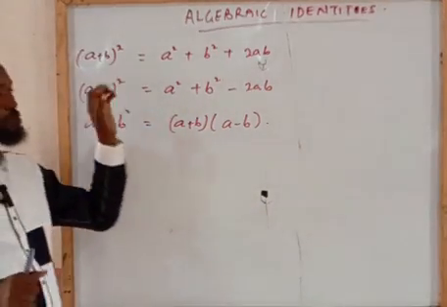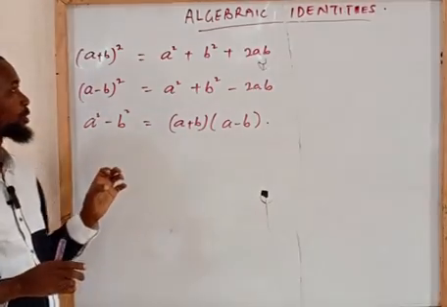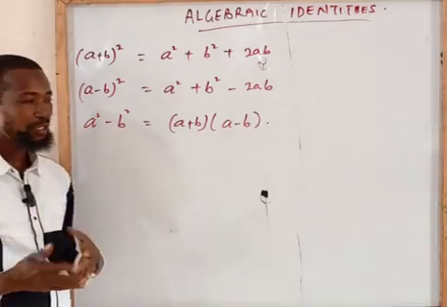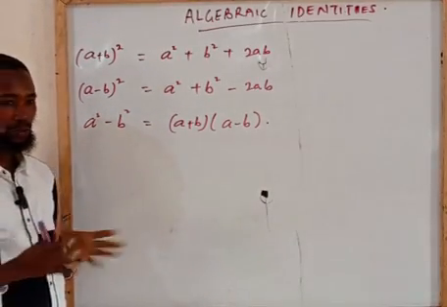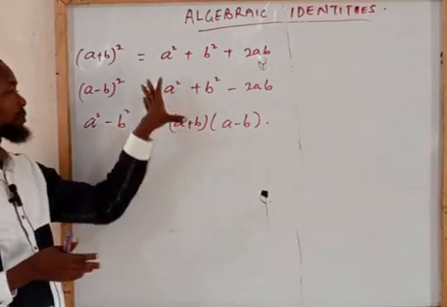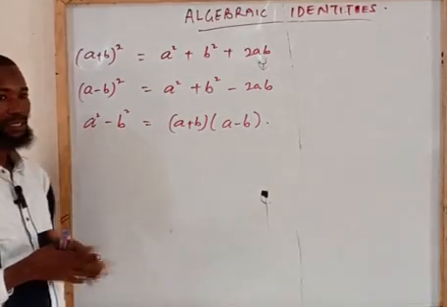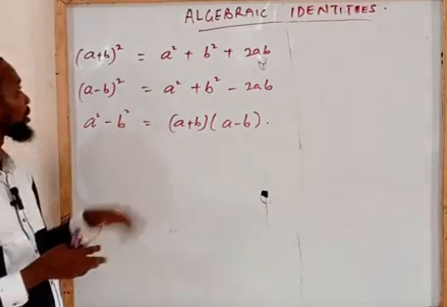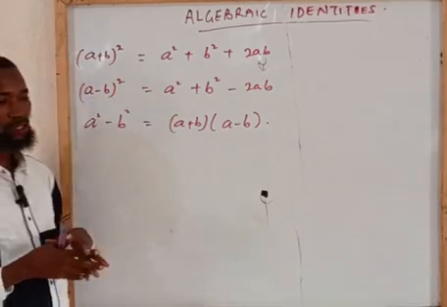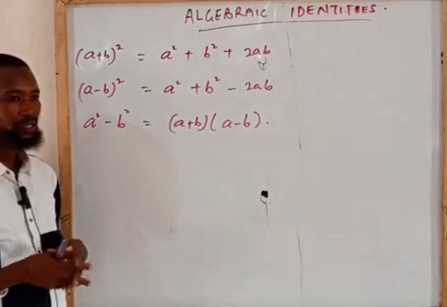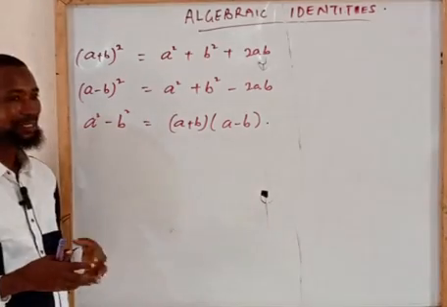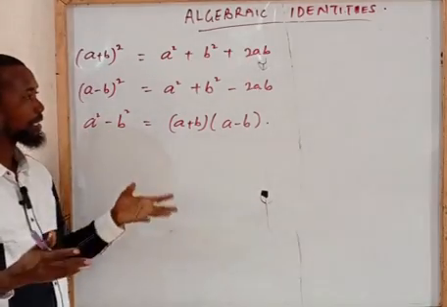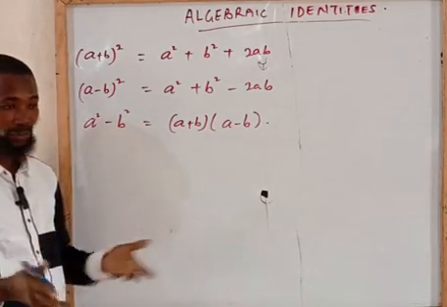So this identity works as a formula. But the only issue with it is that at times when we are given a question, we will not know exactly which of the identities we are to use. So that's the reason why it is important we fully understand these identities. In fact, it also enables us to solve questions as fast as possible. For instance, we began this class by talking about the Pascal triangle mode of expansion.